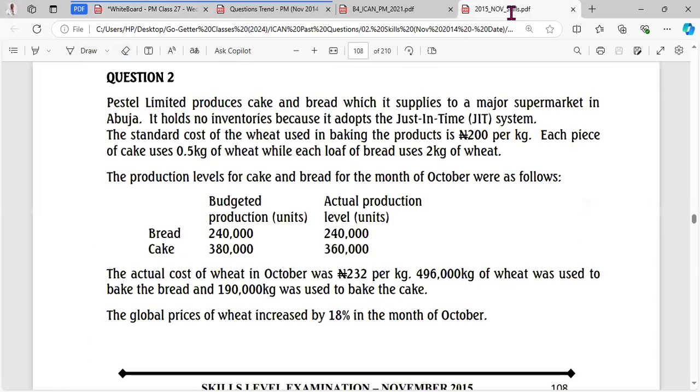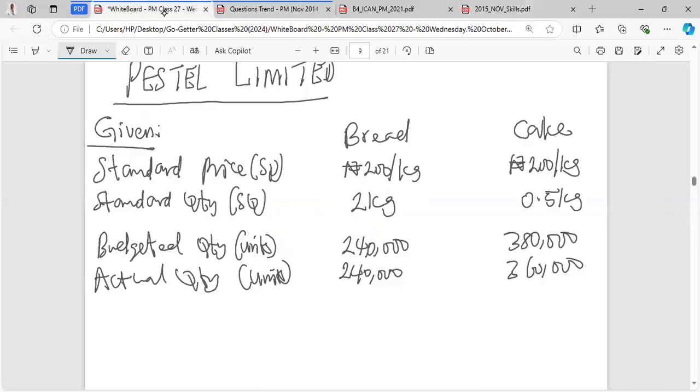The actual cost of wheat in November, so actual cost of wheat. So we say actual price. So I can call this one actual quantity. This is budgeted quantity. Actual price, this is AP.